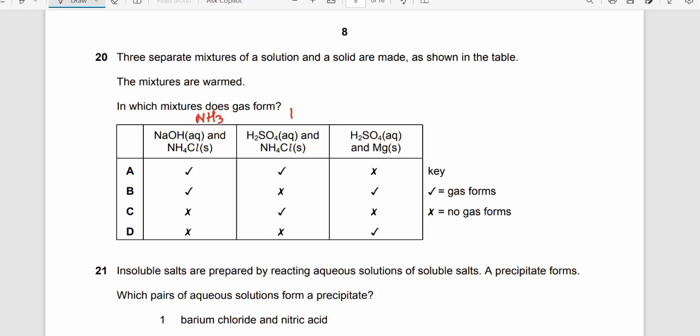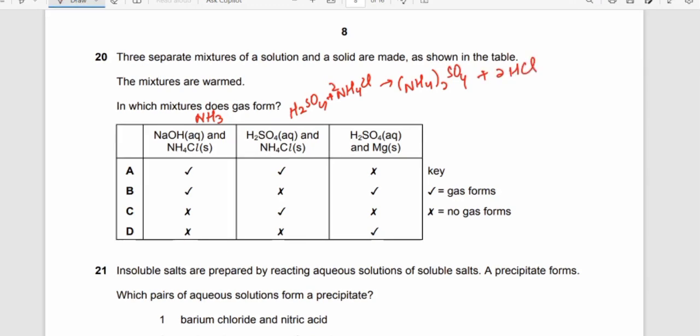Let me tell you, if we have H2SO4 and NH4Cl, you will get (NH4)2SO4 and 2HCl will be formed. 2HCl, when it is aqueous, won't be able to be taken out from here, won't be released, it will get dissolved, so no gas is formed.